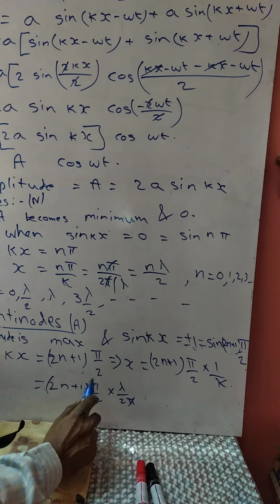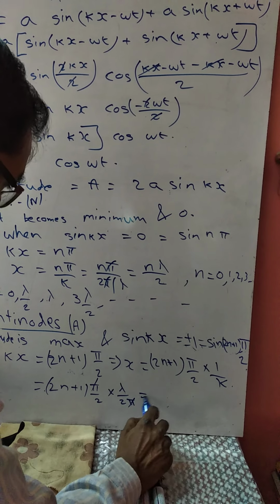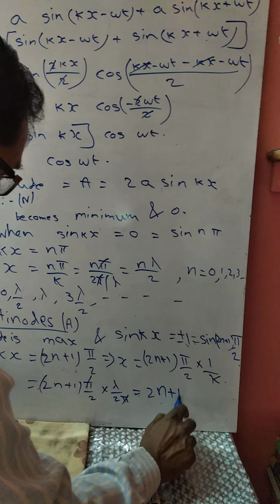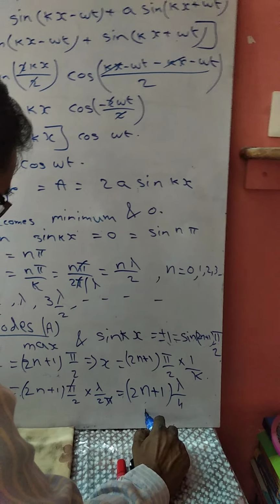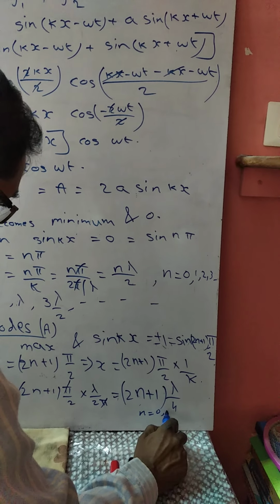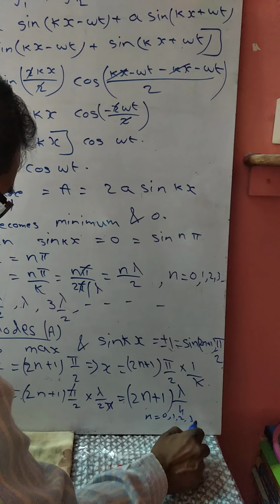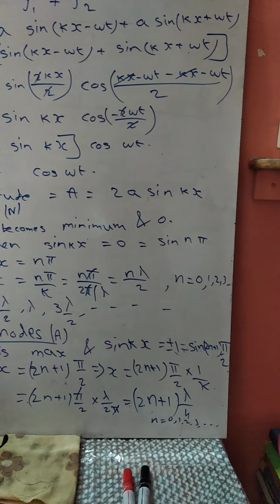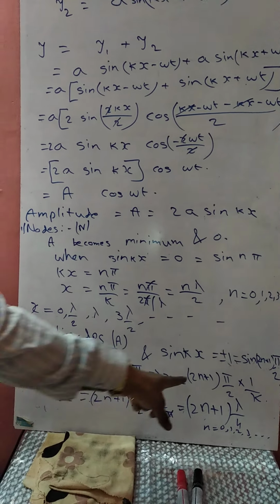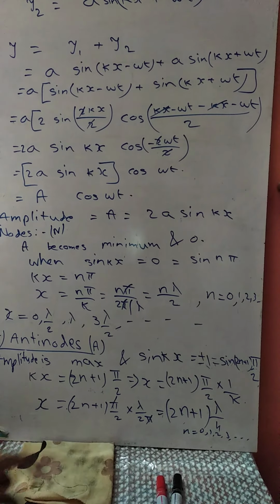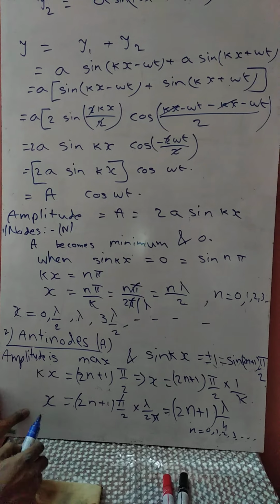So pi gets cancelled, and the equation becomes 2n plus 1 into lambda by 4, where n equals 0, 1, 2, 3, etc. At these positions of x you are going to get the antinodes, that means maximum amplitude.